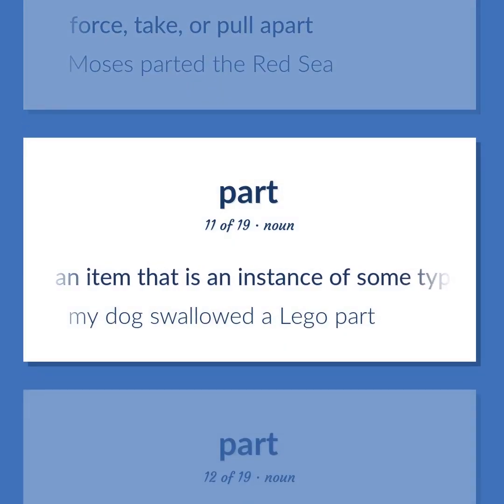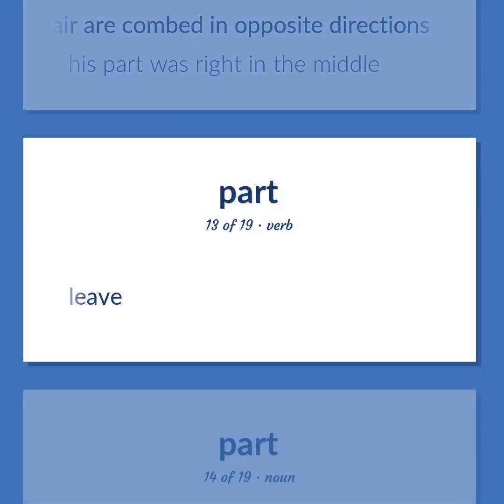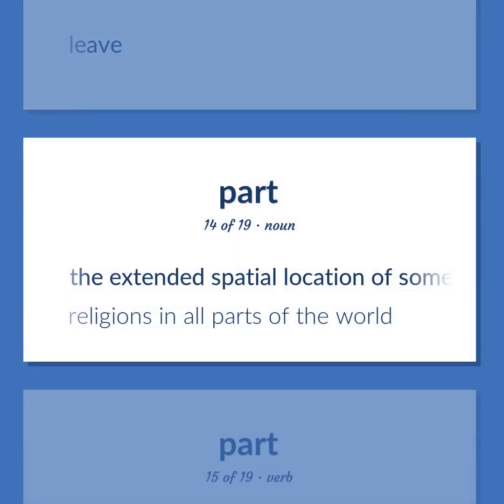An item that is an instance of some type. My dog swallowed a Lego part. A line of scalp that can be seen when sections of hair are combed in opposite directions. His part was right in the middle. Leave. The extended spatial location of something.